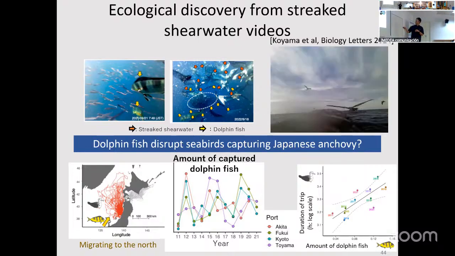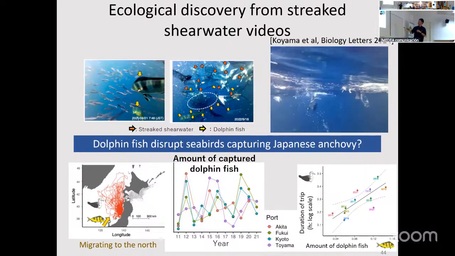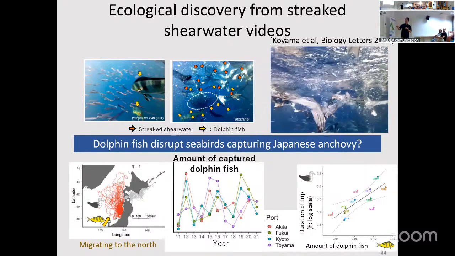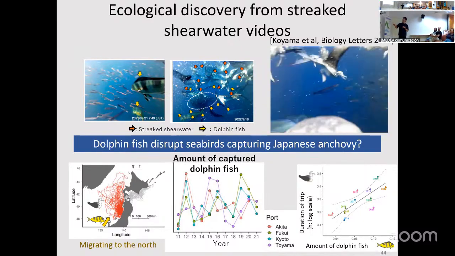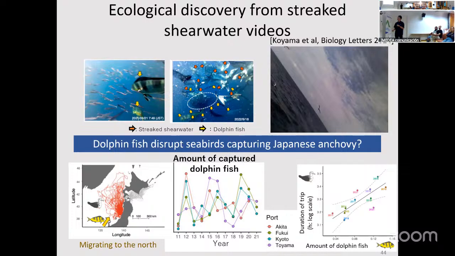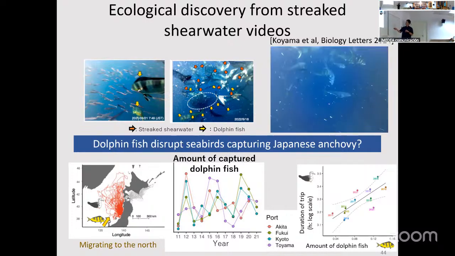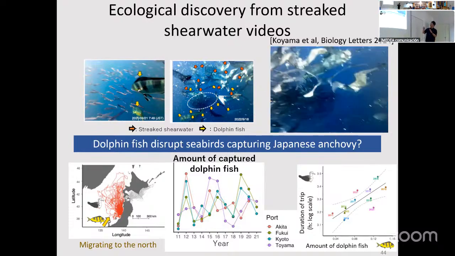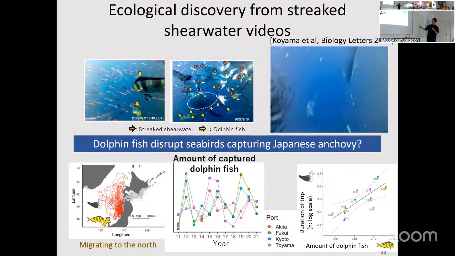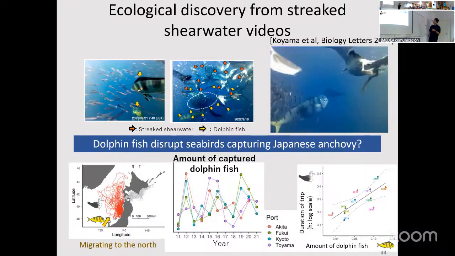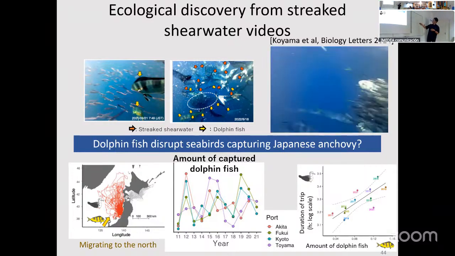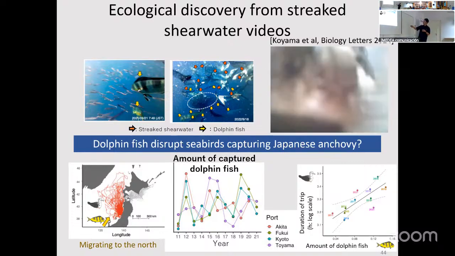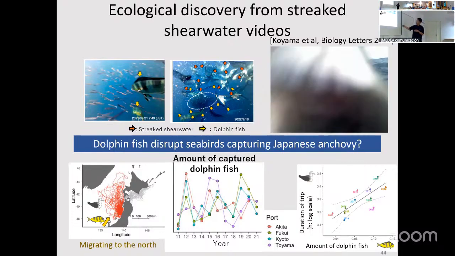This graph shows the amount of captured dolphin fish around the colony of the seabird, and it is gradually increasing. And this graph shows the relationship between the duration of foraging trip and the amount of dolphin fish. And we could identify a positive relationship between them.